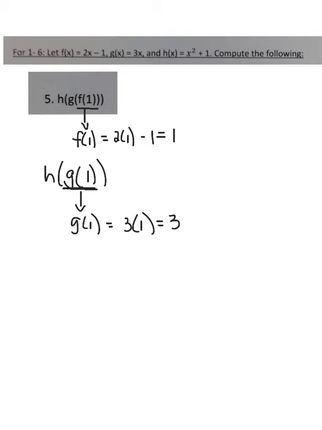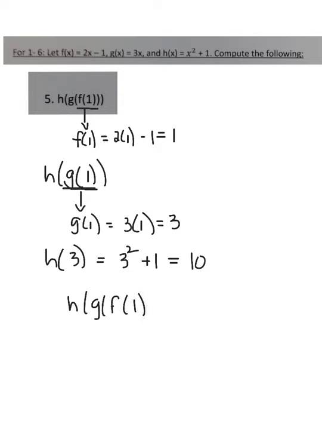Now I know that G of 1 is 3, so I'm going to bring down that H and replace G of 1 with 3. That's going to be 3 squared plus 1, which would be 10. So the final answer, H of G of F of 1, is going to be 10.